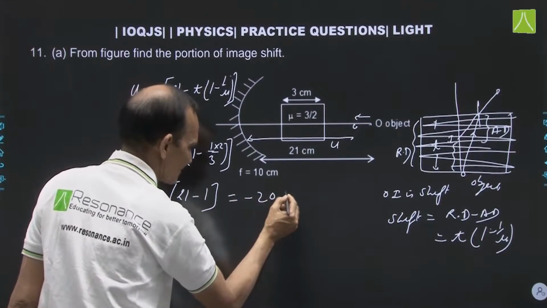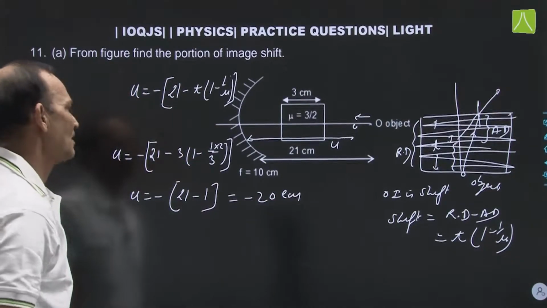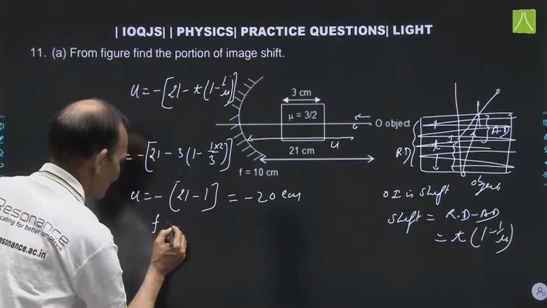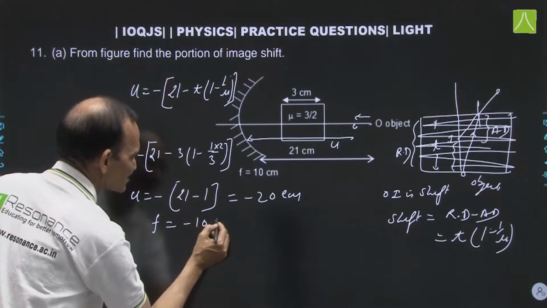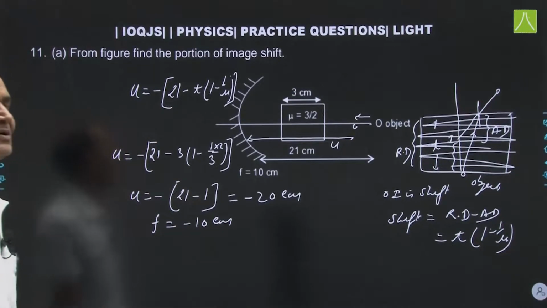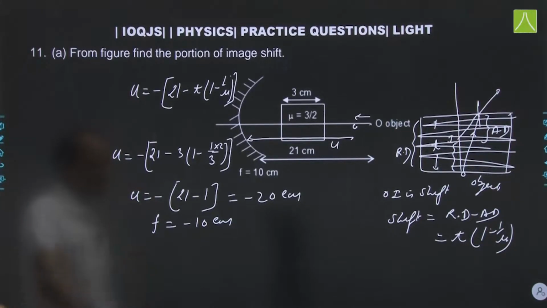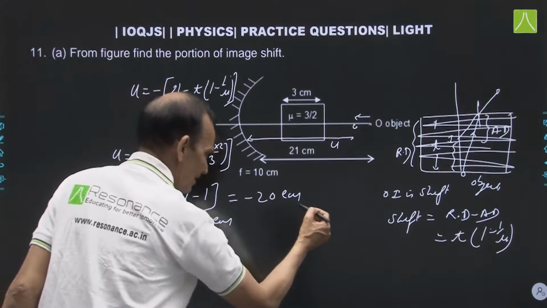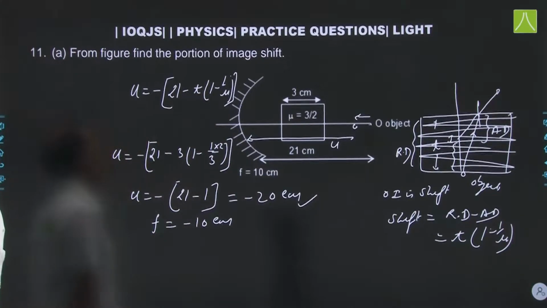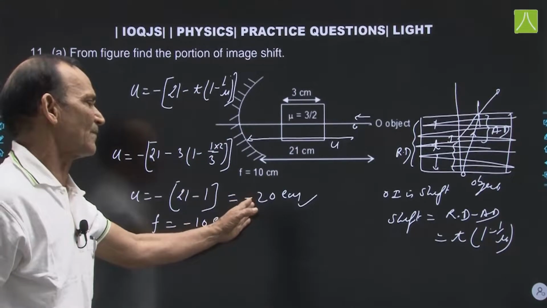Minus 20 centimeter. F is also given, minus 10 centimeter. You can find the value of U, V. We can say it is the center of curvature of the mirror. Object is placed at the center of curvature.